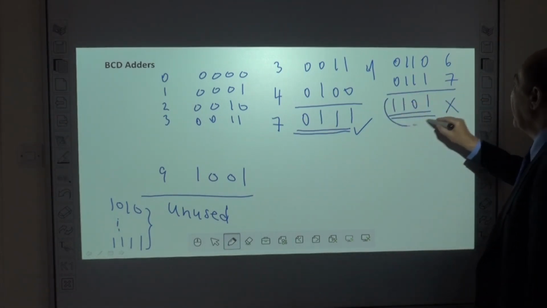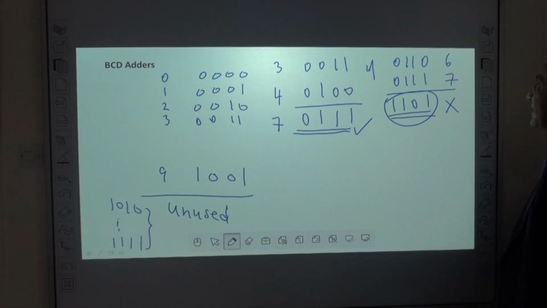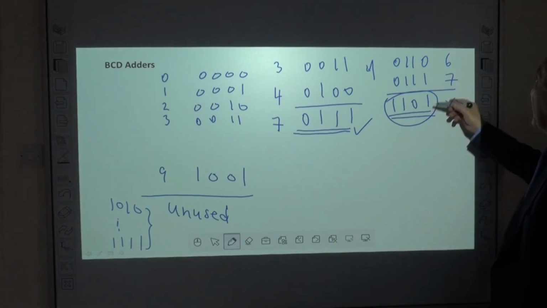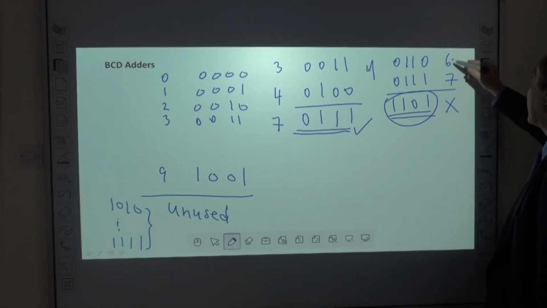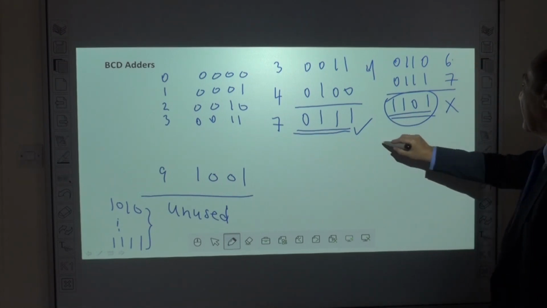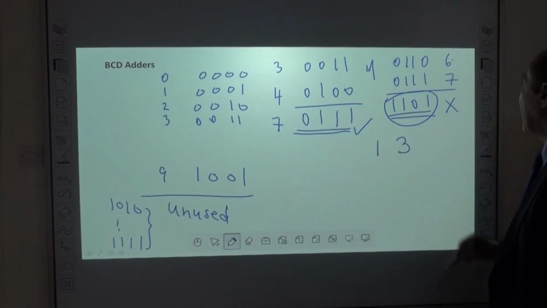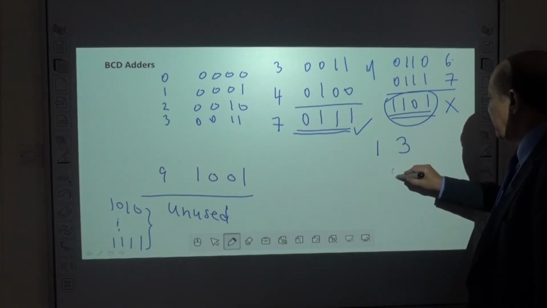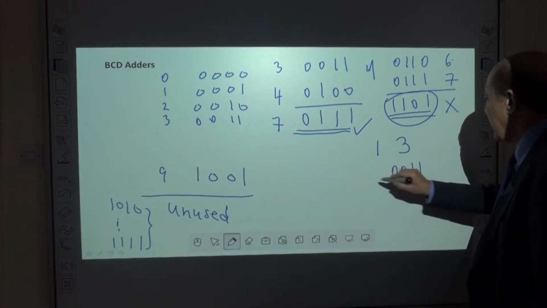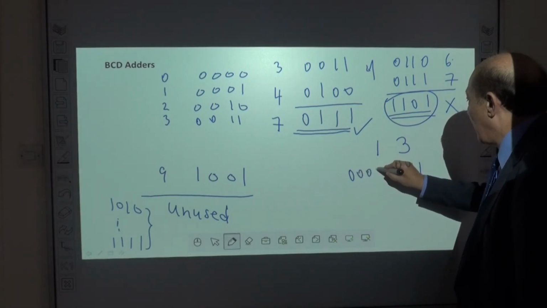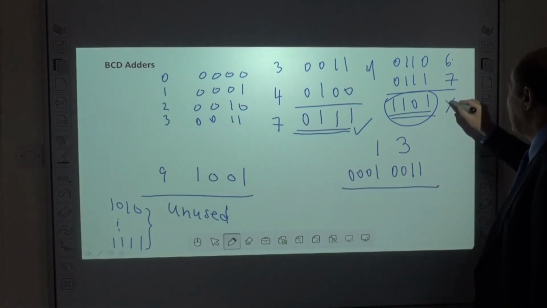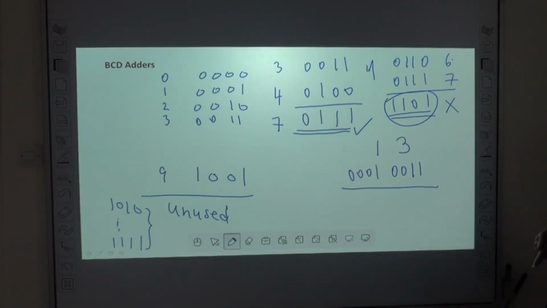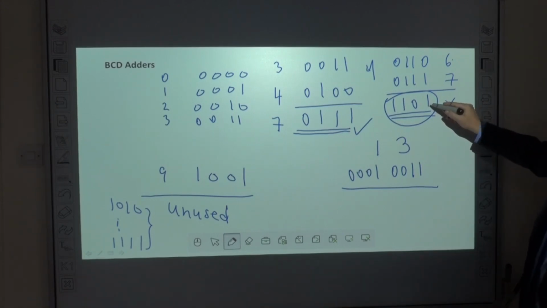There is no BCD digit like this. And really, if we add 6 in decimal to 7, the result is 13. And 13 in BCD is represented as 0001 0011. And this is not the correct result. So in this case, we have to adjust the result.